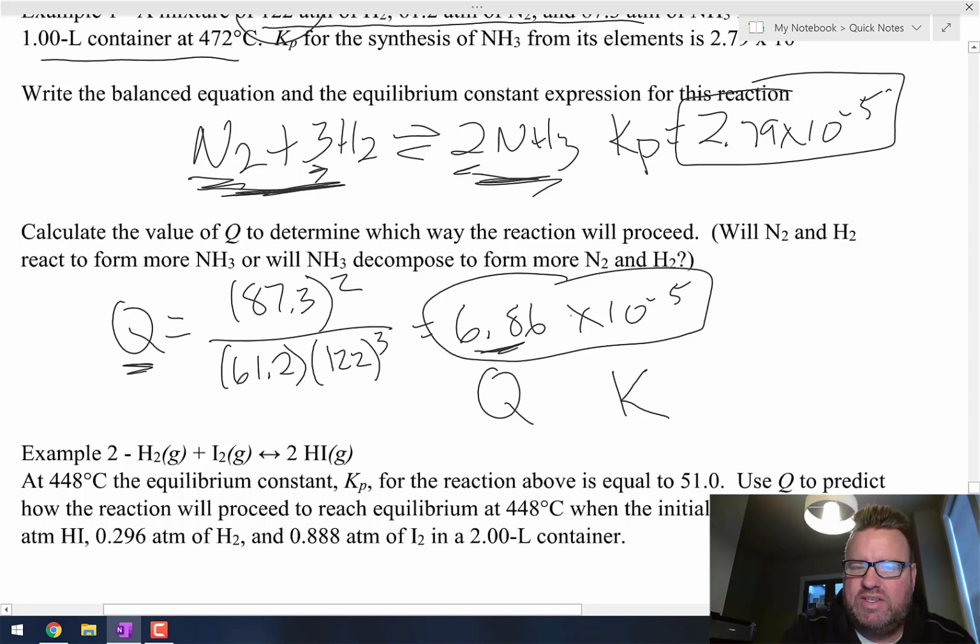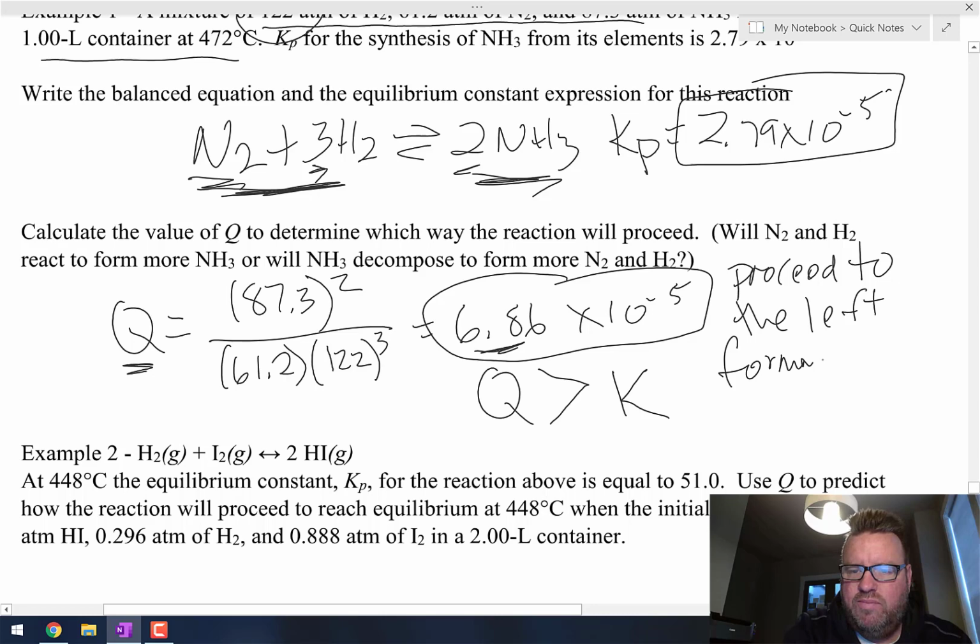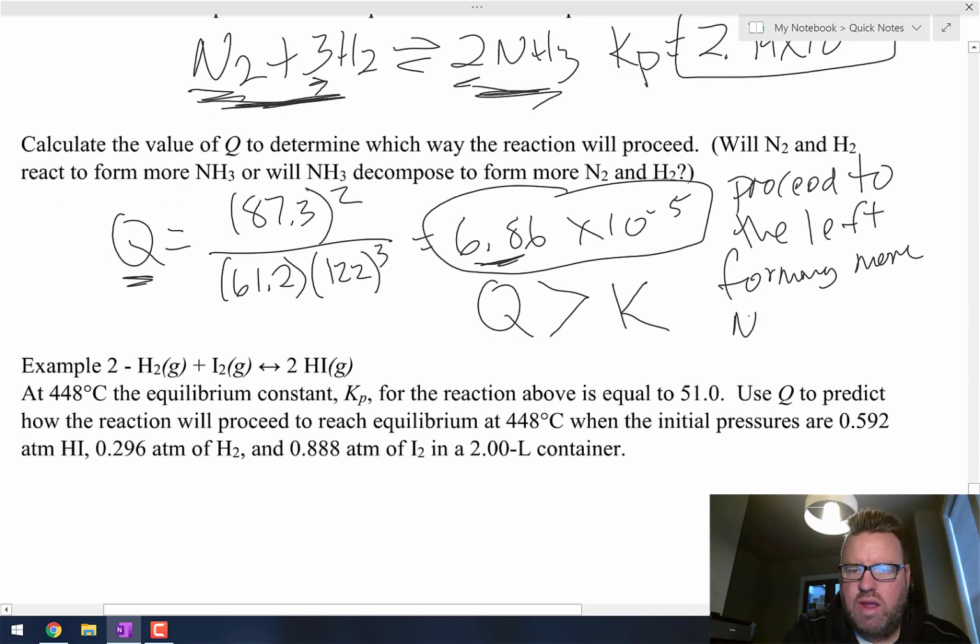So 6.86 is larger than 2.79 times 10 to the minus 5th, which means Q is greater than K, and then notice that that greater than sign is pointing to the left. So what's going to happen? The reaction is going to proceed to the left, forming more N2 and H2. Those are on the reactant side.